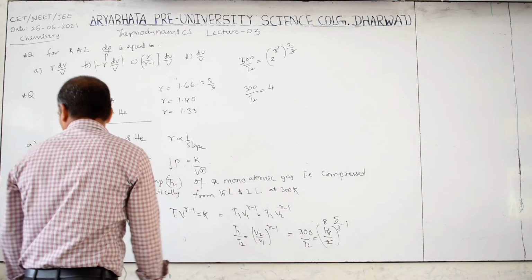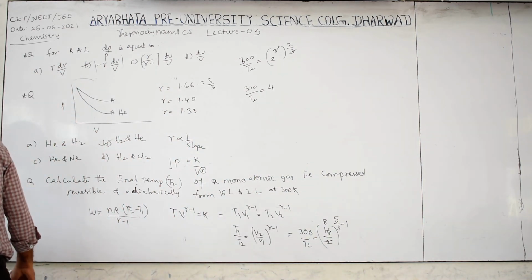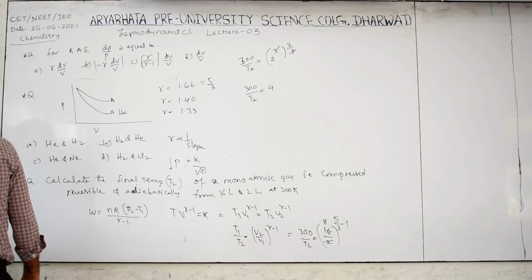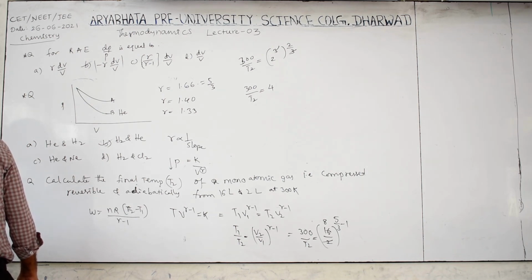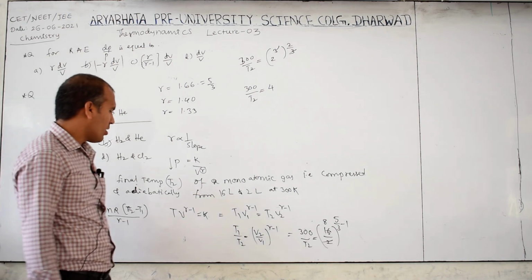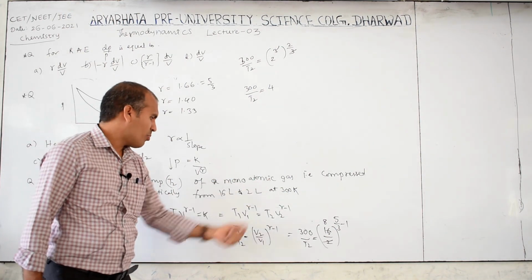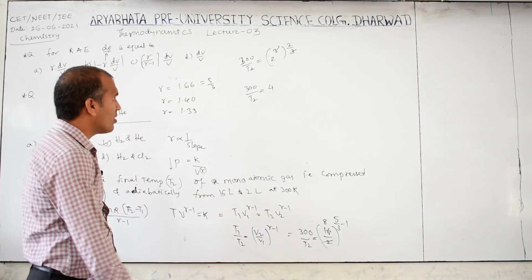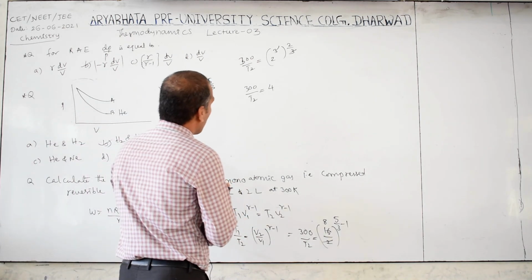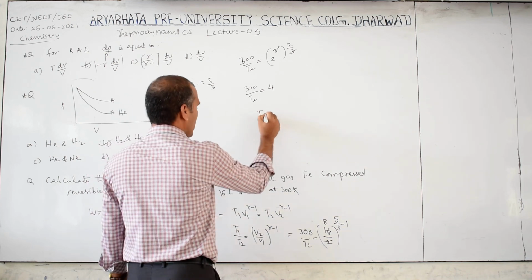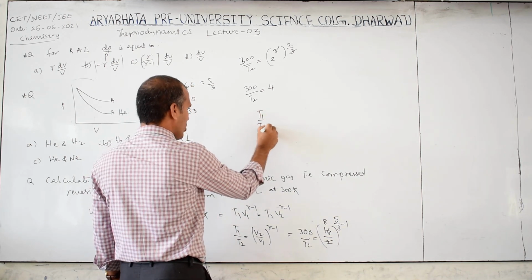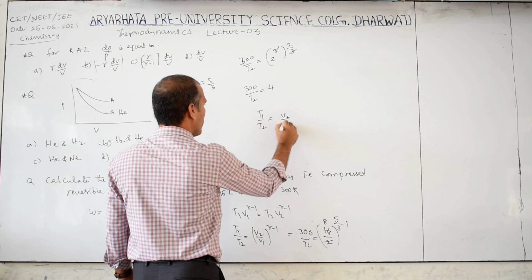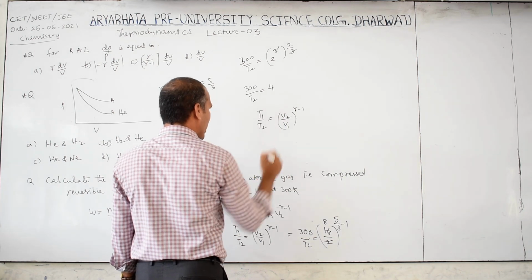But anyway, I made a mistake here. Because this is compressed from 16 to 2 liter, what we calculated is correct only for the expansion form, T1 by T2 is equal to V2 by V1 whole power gamma minus 1.